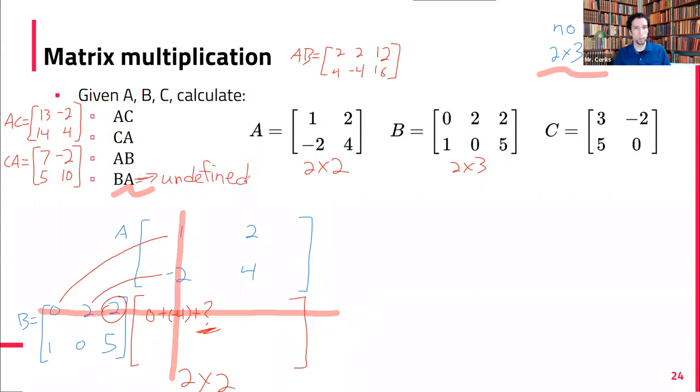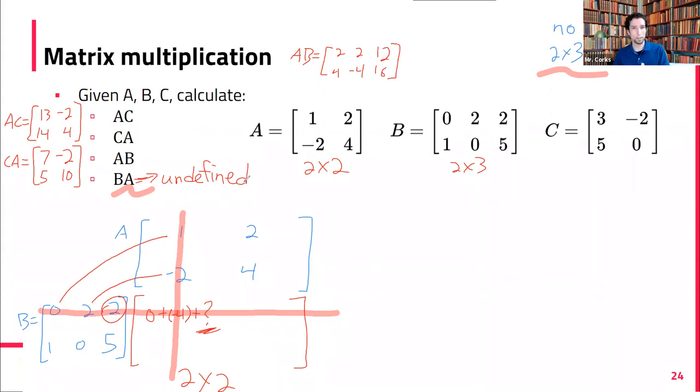So another very weird result for matrix multiplication. First, we had A times B and it worked. Sometimes we can take 2 matrices that are different sizes and we can actually multiply them together. Also, though, we see that if we flip the order, as we see with AC and CA, changing the order can change the result, can change the numbers that we get.